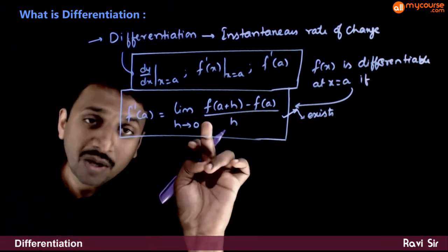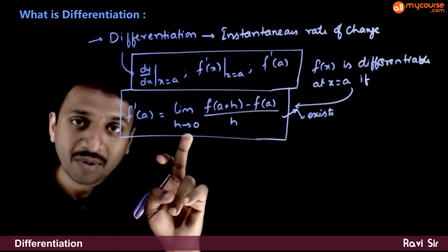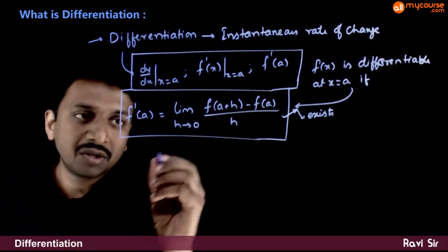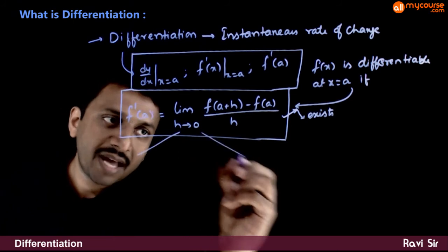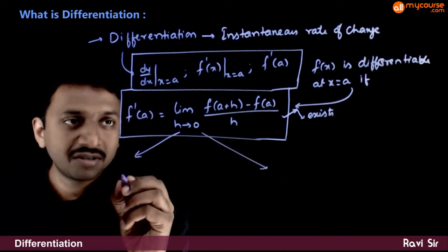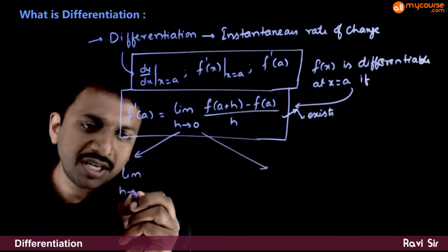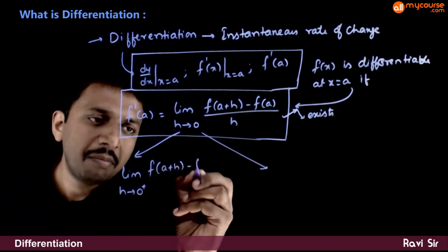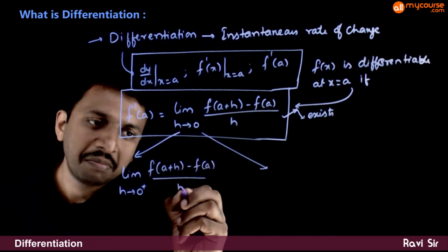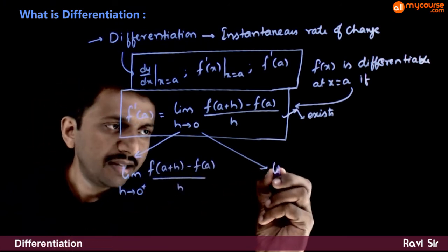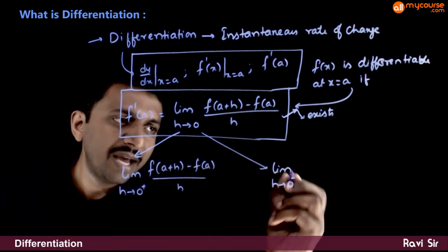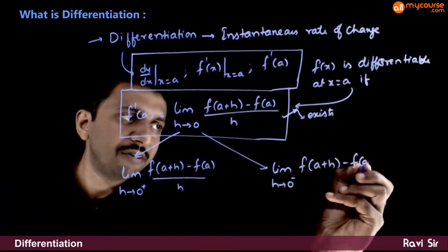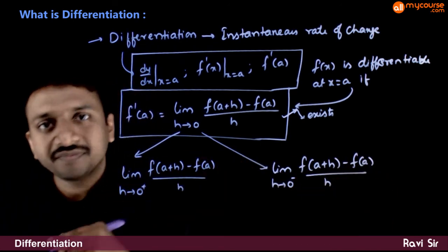Next, when you talk about limit, you can think about the right limit and the left limit, right? So this consists of actually two separate limits: limit h tends to 0 plus f of a plus h minus f of a by h, and limit h tends to 0 minus f of a plus h minus f of a by h.